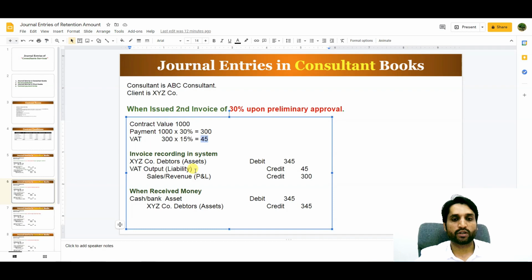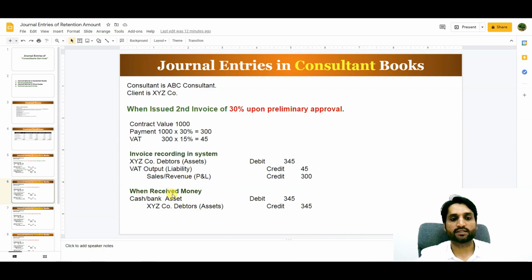VAT output as liability will be credited by 45 and sales will be credited by 300. Now when this invoice is paid by the client and we receive the money, we will make cash or bank debit, and XYZ company as a debtor account will be credited with 345 including VAT.